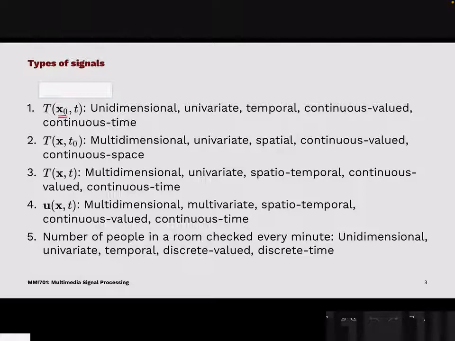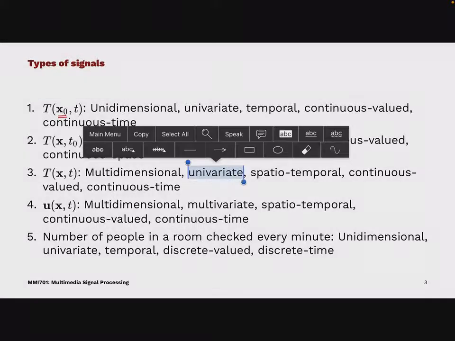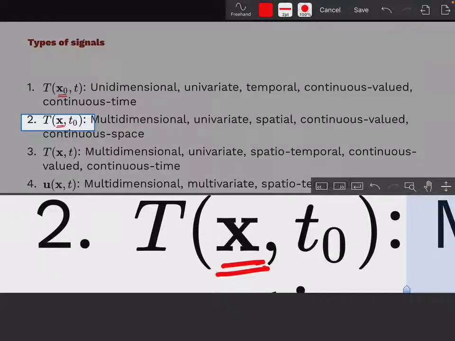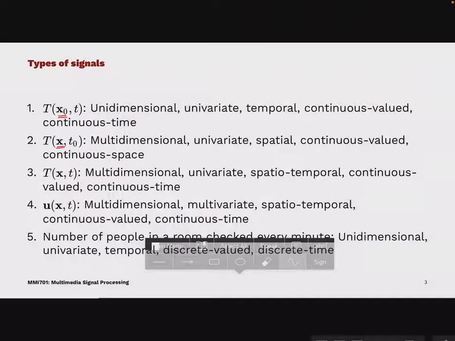Now, if we have an infinite number of thermometers, or if we have the ability to measure the temperature at all points within that room, so that is all points x within that room, and let's say we're measuring it just once, we're taking a snapshot, and that snapshot is taken at t0, then we have a multidimensional signal, which is still univariate because the signal has a single variable, which is temperature.